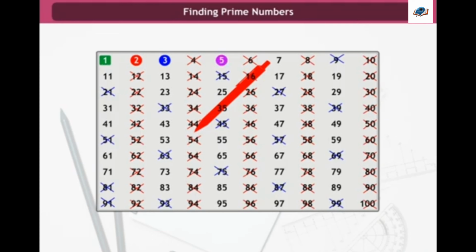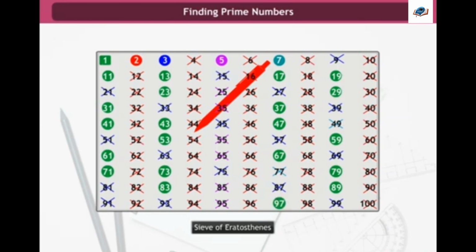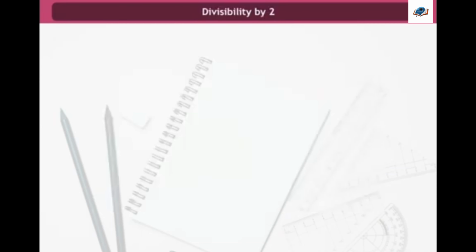Now the next uncrossed number is 5. Encircle 5 and cross out all the multiples of 5 other than 5. Continue this process till all the numbers in the list are either encircled or crossed out. All the encircled numbers are prime numbers. All the crossed out numbers other than 1 are composite numbers. This method is called the sieve of Eratosthenes.